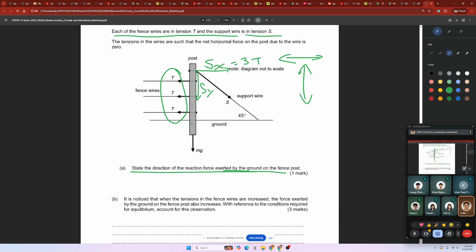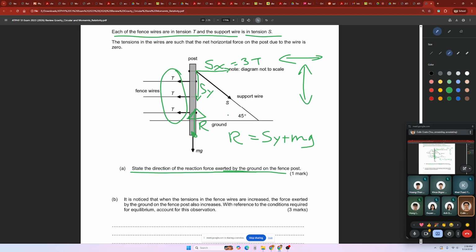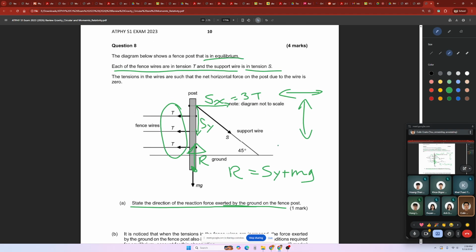Well, we have down, down. We need a balance of the horizontal. So that means that this must be up, so that we can have a balance of forces, because it says it's in equilibrium.